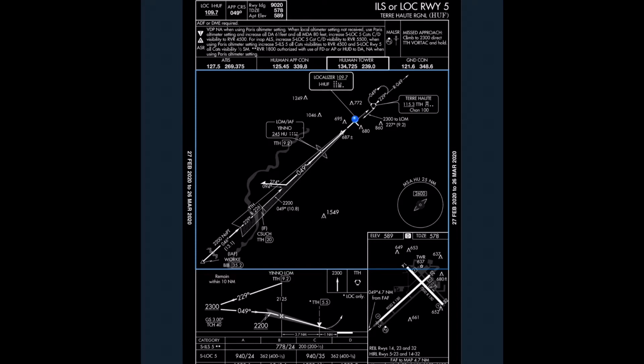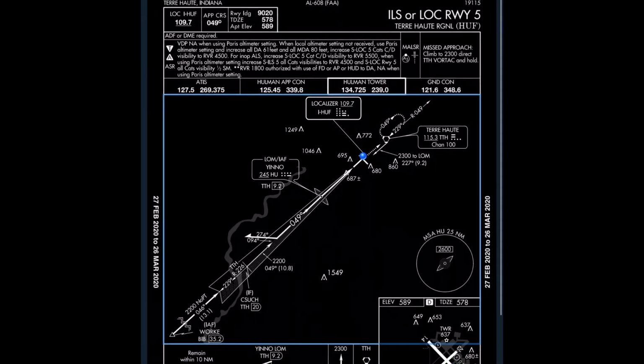Next, we do have two small asterisks here indicating there's a note we want to be aware of. It indicates that an RVR of 1,800 is authorized with the use of a flight director, autopilot, or a heads-up display to the decision altitude. So in the aircraft, you may have a flight director, which is essentially a dumbed-down version of an autopilot.